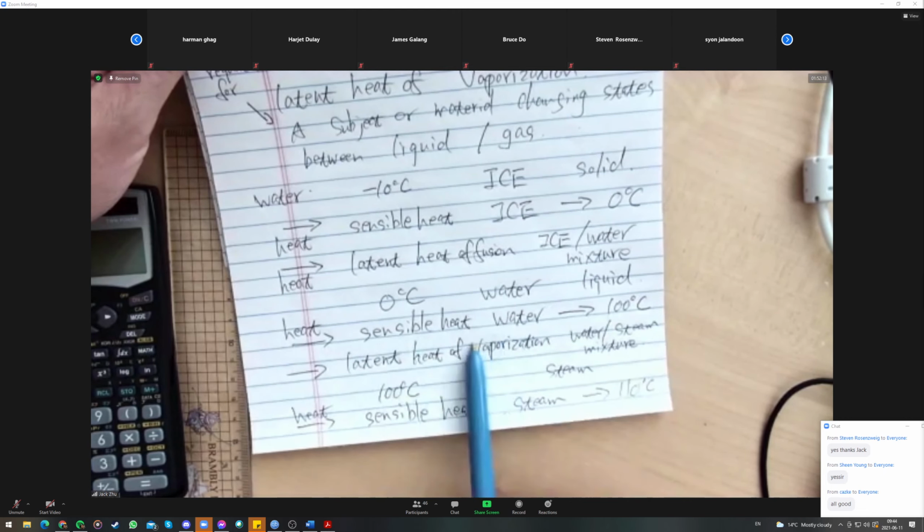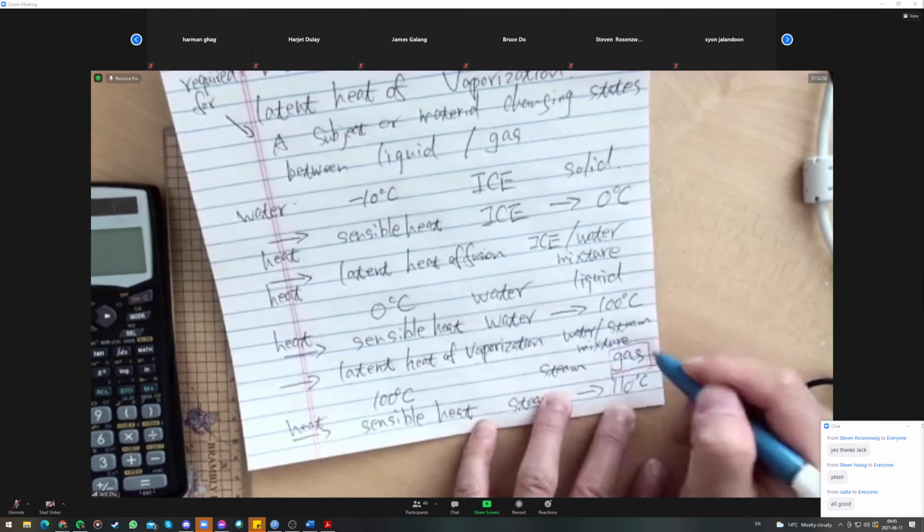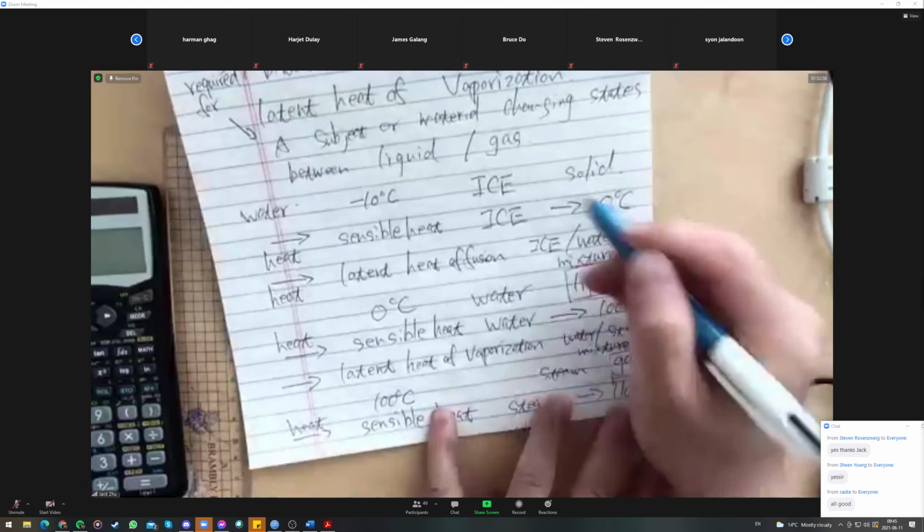Then you can cool it down more to become solid ice at negative degrees. When it becomes steam, that's the gas state. So those are the three states of a material: gas, liquid, or solid.